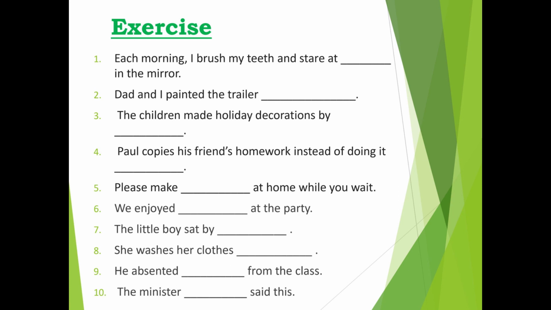Yes, since it is she here, I'll use herself. She washes her clothes herself. Next, he absented dash from the class. Yes, he absented himself from the class because he, and with he we will use himself.